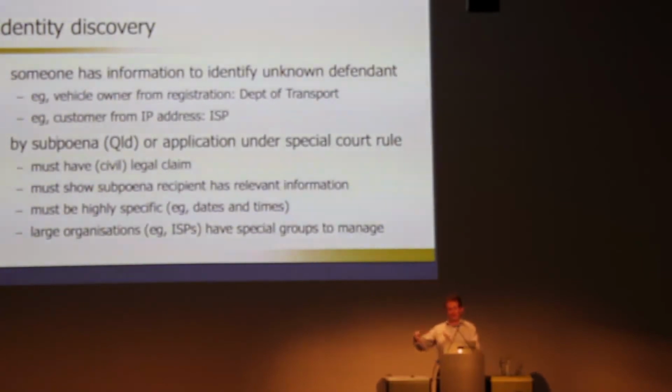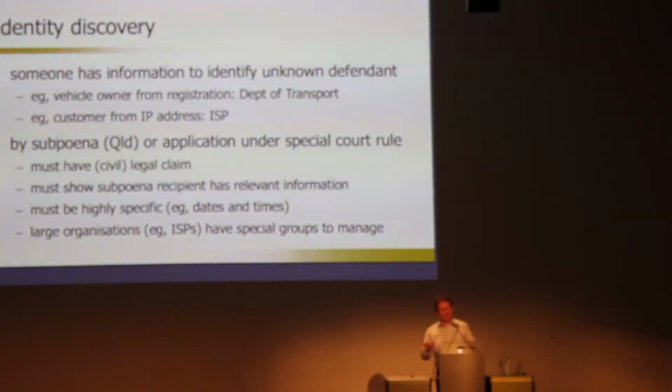And identity discovery kind of sits on its own as a legal area. So identity discovery is the exercise if someone has information to identify someone in order to commence proceedings against them, for example. So if you know somebody's registration number of their car, you can get a subpoena addressed to the Department of Transport to find out who the registered owner is, and therefore find out who the driver is if they hit your car and drove off.